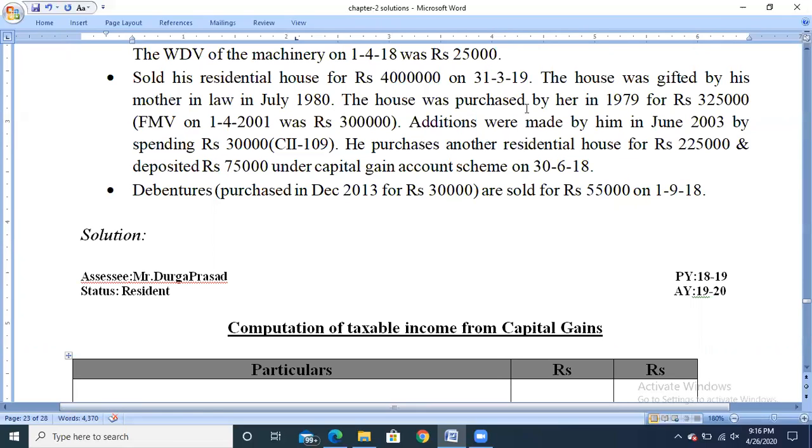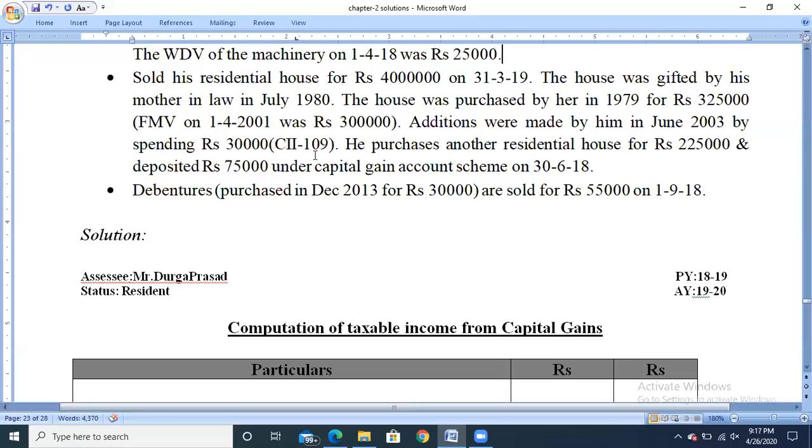The house was purchased by her in the year 1979 for rupees 3,25,000. FMV on 1/4/2001 was rupees 3 lakh. Additions were made by him in June 2003 by spending rupees 30,000.